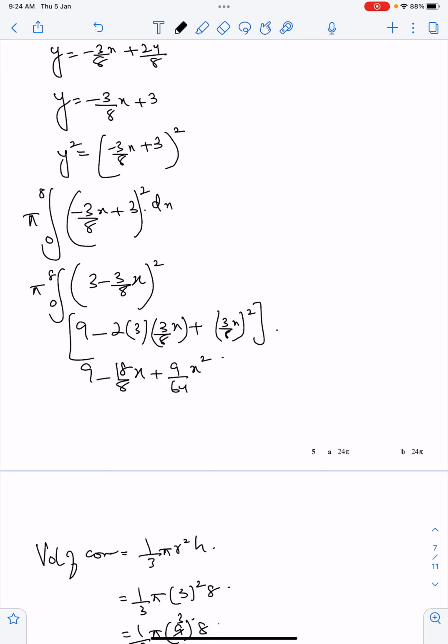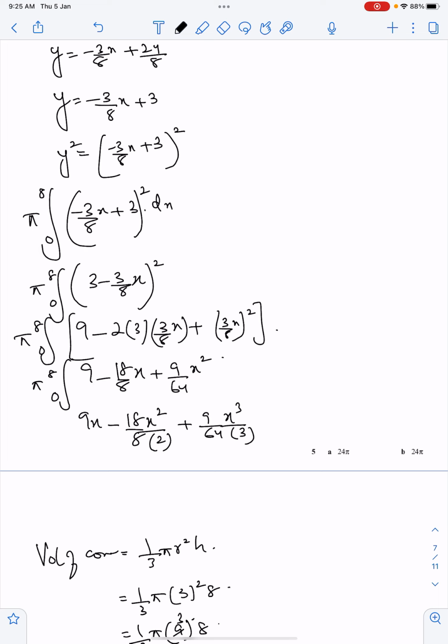Okay, I am going to start with the integration process now. This will become 9x minus 18 upon 8, x squared upon 2, plus 9 upon 64, x cubed upon 3.